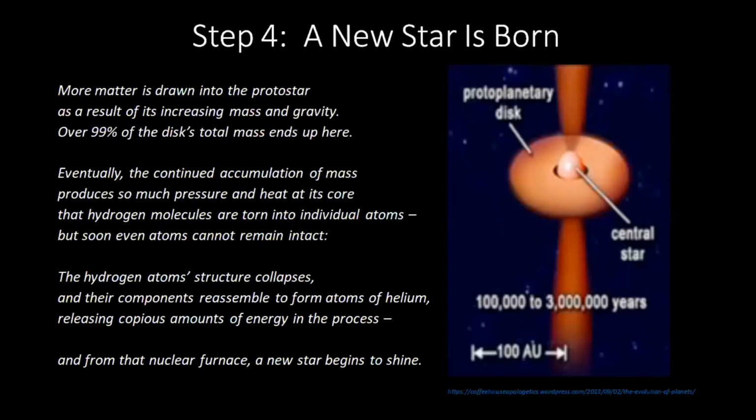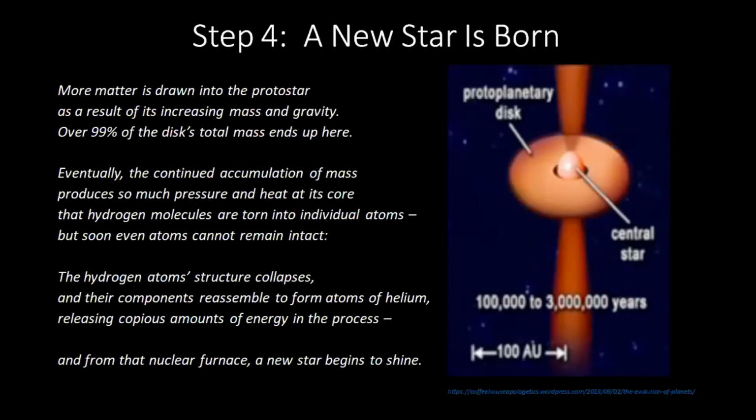Eventually, as that star continues to amass material, the pressure and the heat at its core keep going up and up and up until there's so much pressure and so much heat that the hydrogen molecules it was made up of can no longer maintain themselves as molecules. They're ripped into individual atoms.